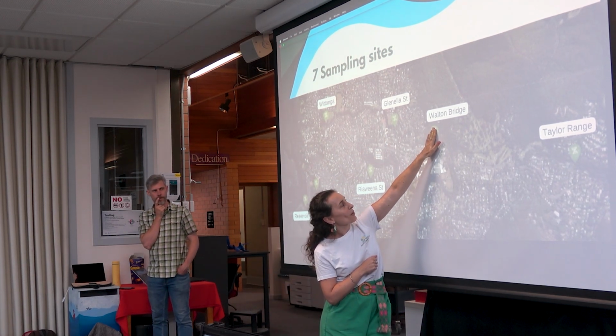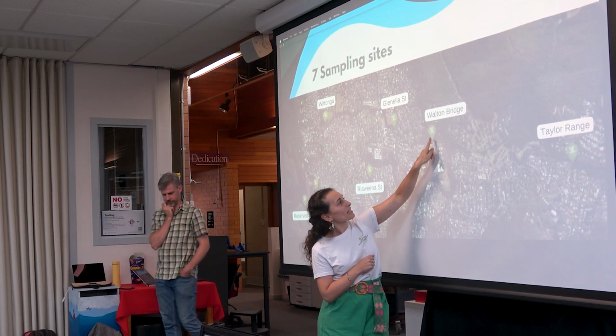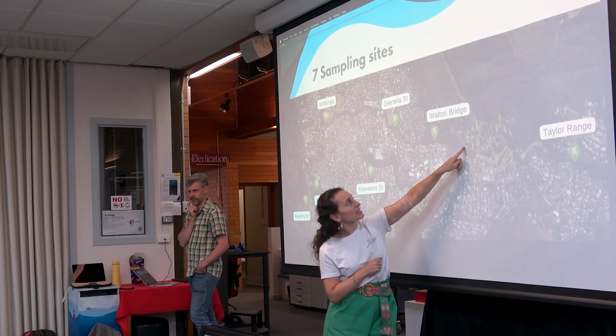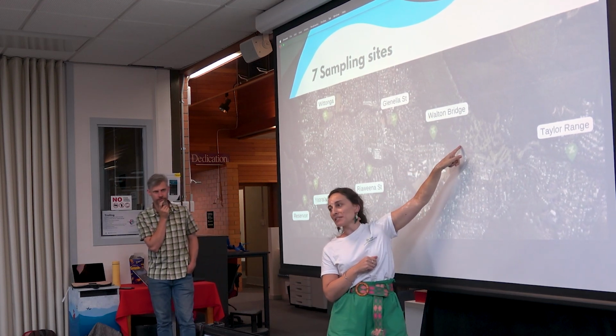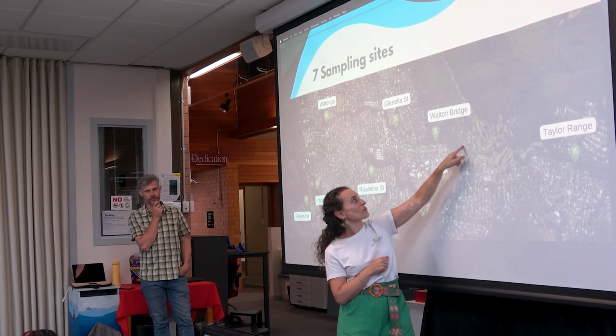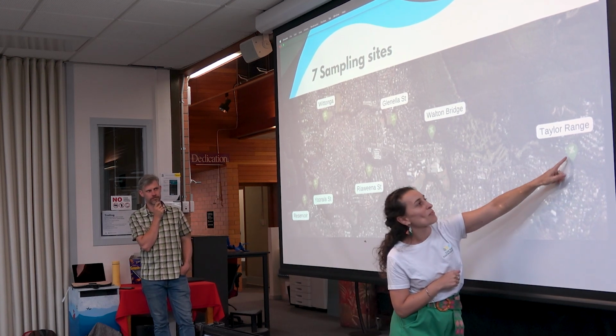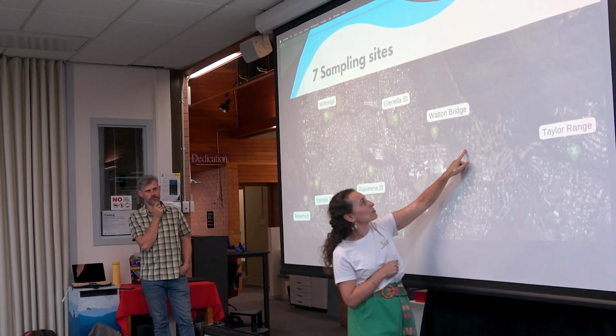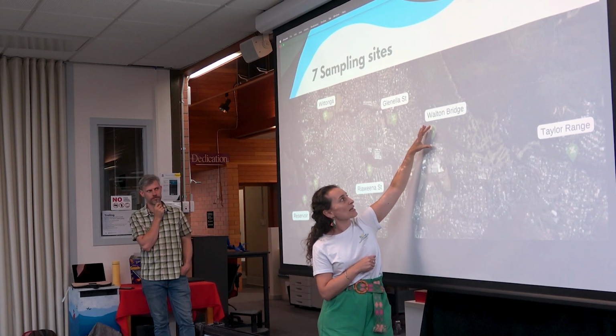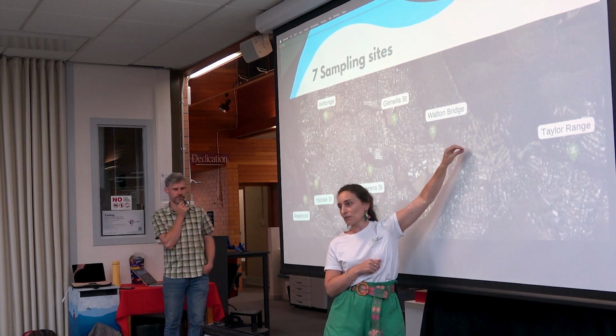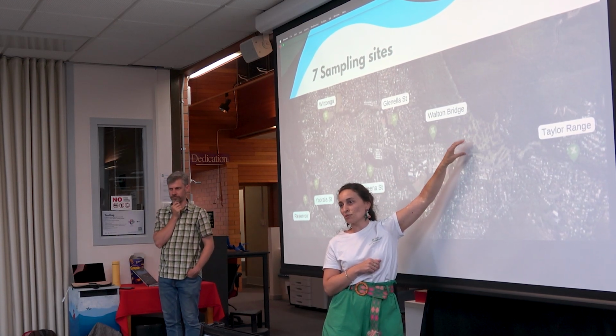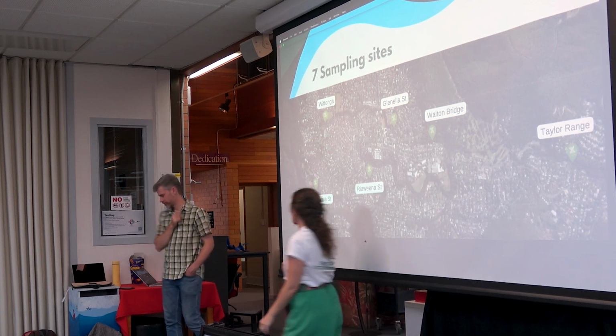This location pin should actually be here. I might have made a mistake when I entered the coordinates, so I will have to fix that. And then one in Taylor Range. The one at Walton Bridge is where Fish Creek and Enoggera Creek connect, so it's after the two creeks connect to one another.